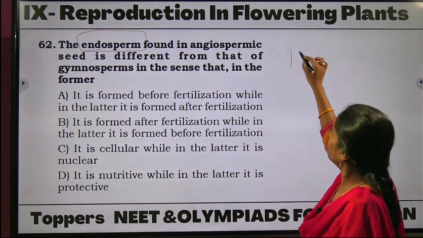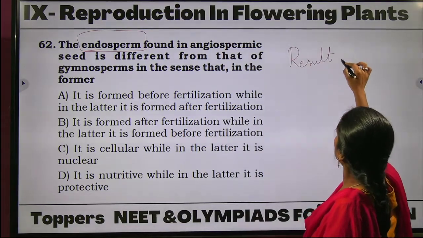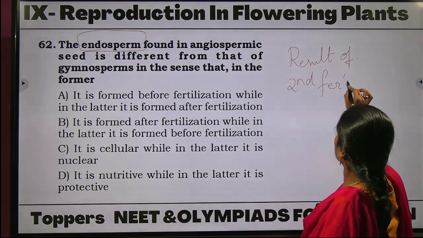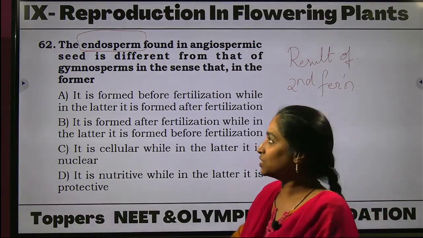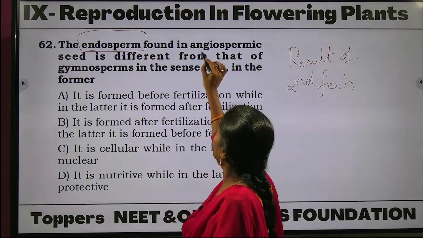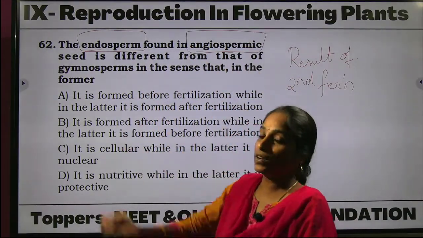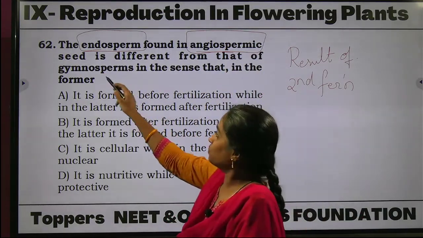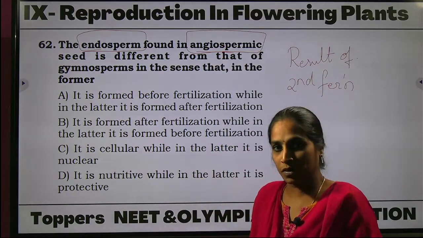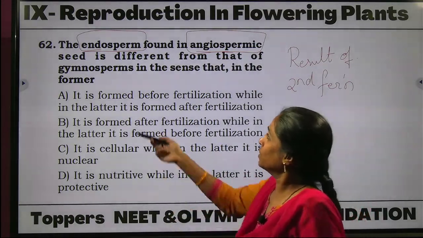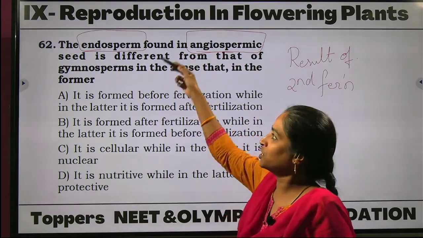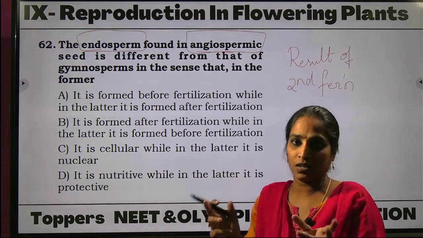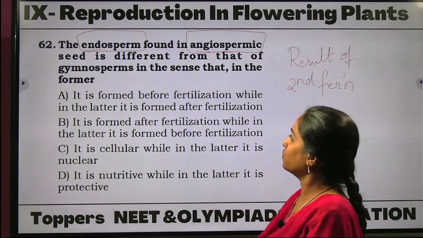It is the result of the second fertilization, which forms endosperm in the angiospermic flowering plant. The seed is different from that of gymnosperms. What are gymnosperms? Are the two the same? Let us see whether they are same or different.